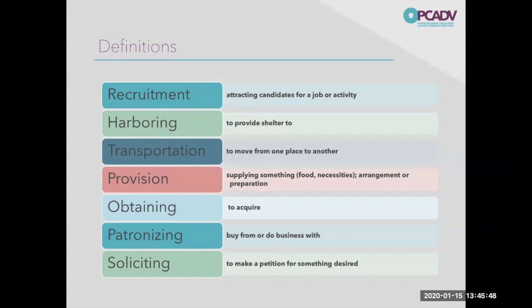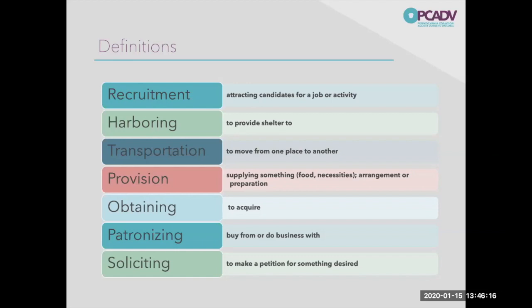So recruitment is the act of attracting a candidate for a job or activity. Harboring, to provide shelter to. Transportation, to move from one place to another. And I want to make sure that we all understand that transportation is one aspect of human trafficking. But for each of these definitions, we only need to have one if we're trying to prosecute human trafficking in court.